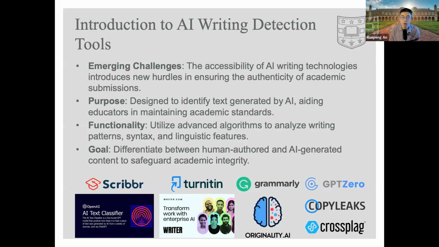You probably realize that not all of those tools have AI writing detection as their primary function. For example, Grammarly is mainly used for detecting and correcting grammatical mistakes, and Turnitin is mainly used to detect plagiarism. We will talk about the differences and nuances of the tools as we go.